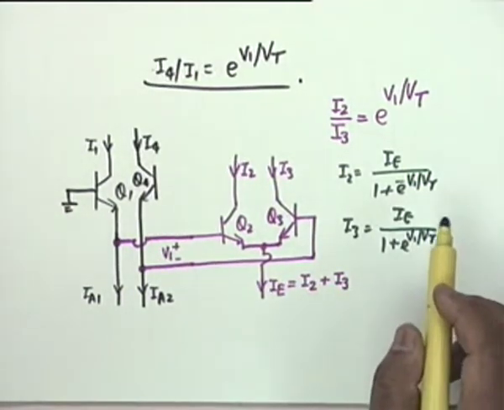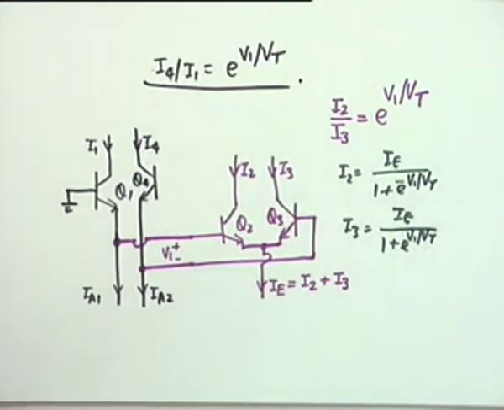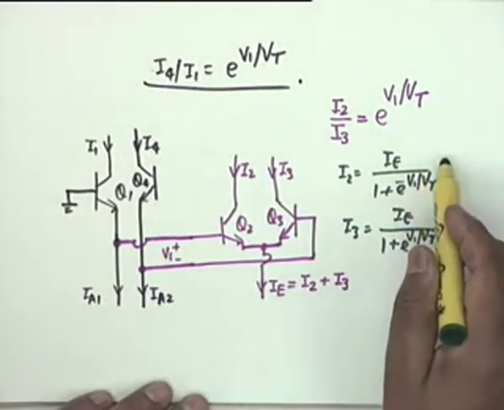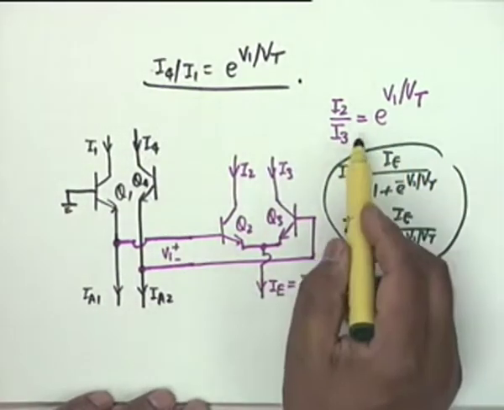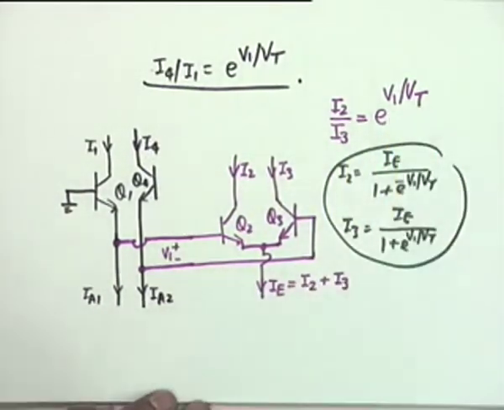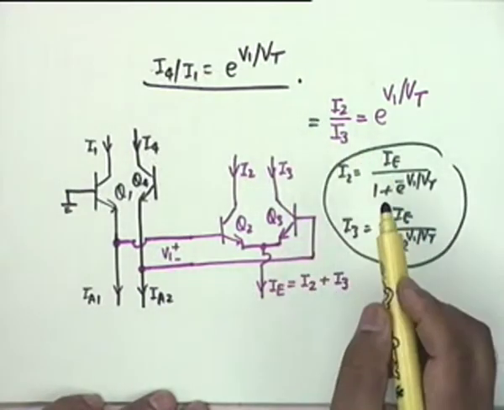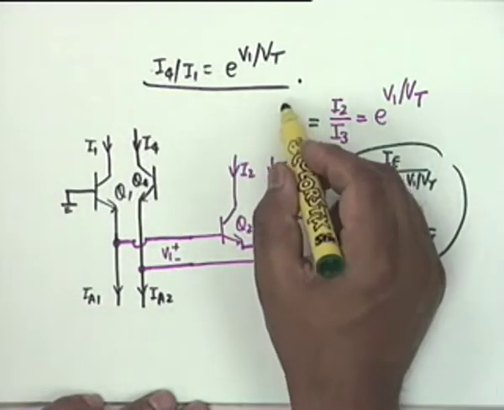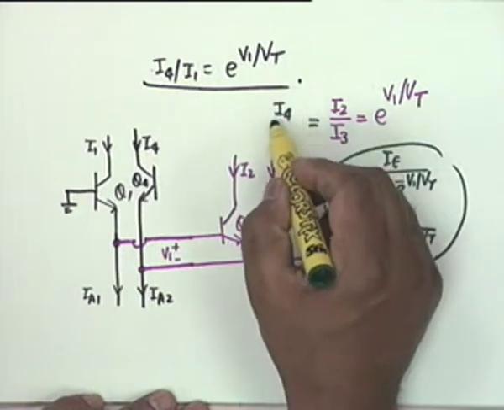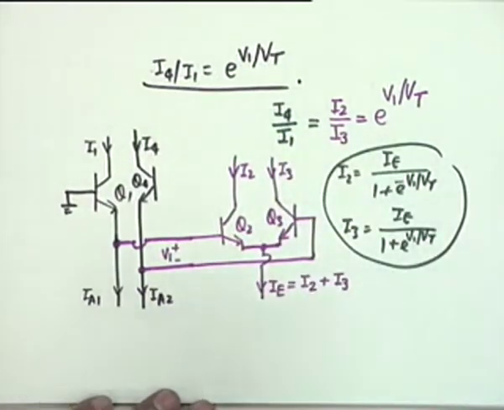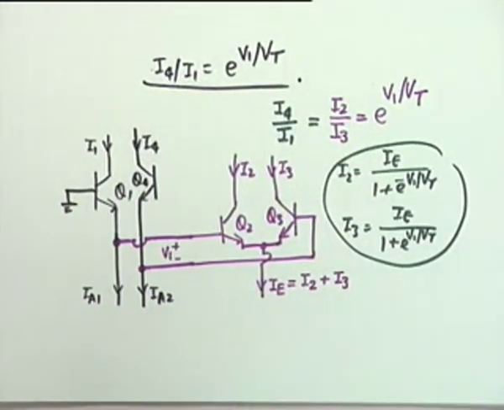Okay? The sum of the two is equal to IE. Now, we don't require this result. What we require is that I2 by I3 is e to the V1 by Vt, and this is equal to I4 by I1. I4 by I1 was also equal to e to the V1 by Vt.